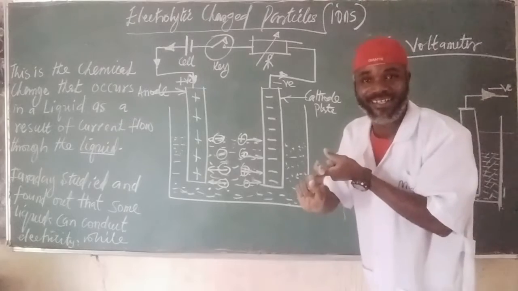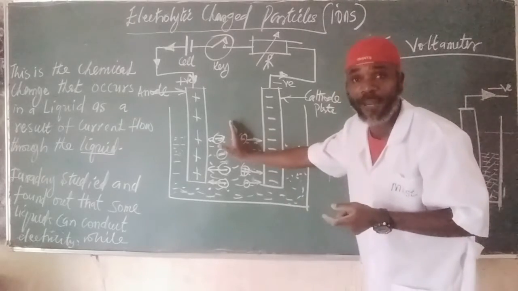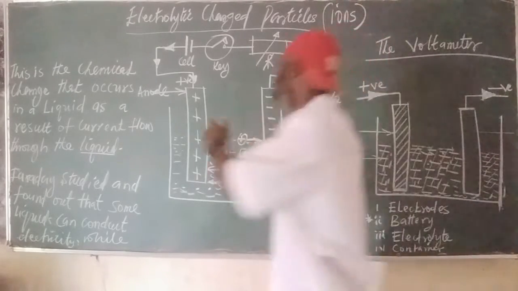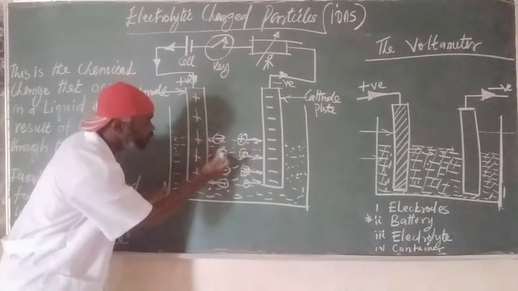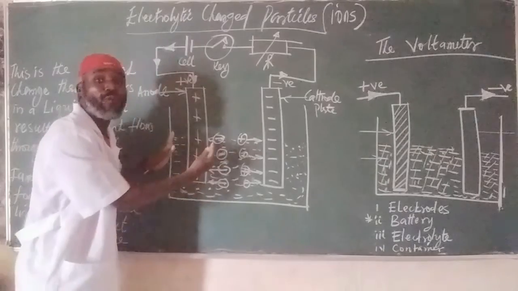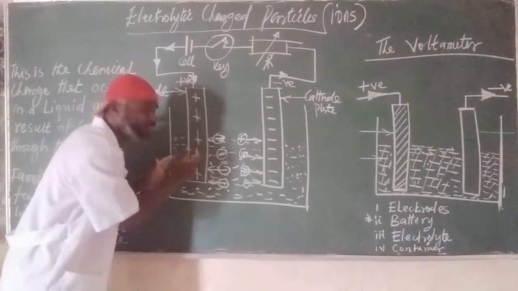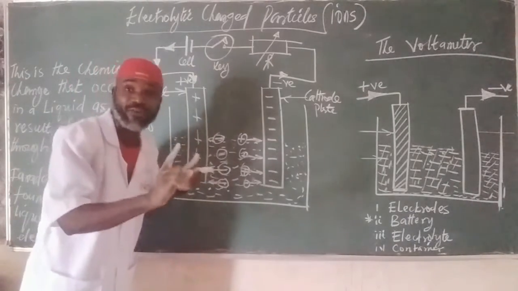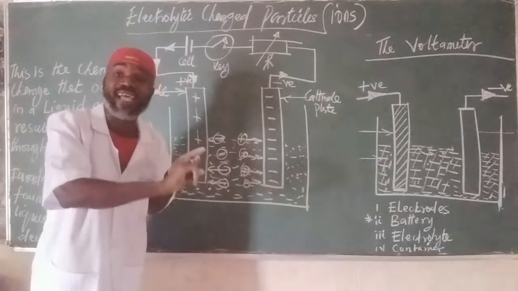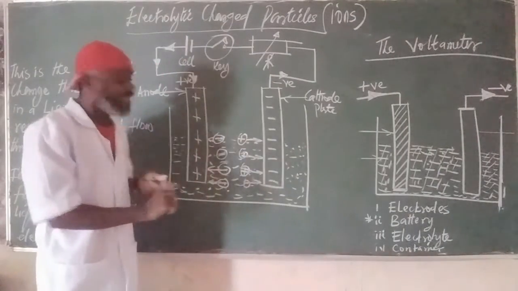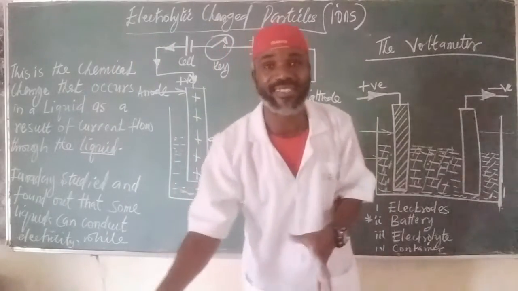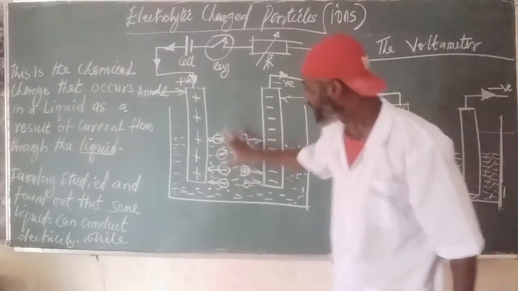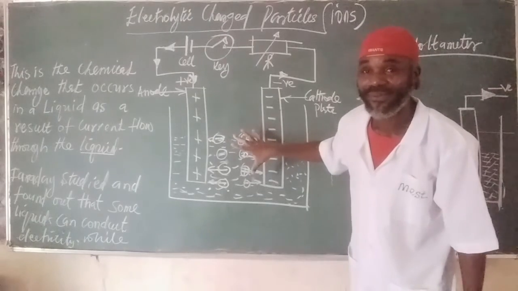Correspondingly, because this plate is positively charged, negatively charged particles will drift to this positively charged plate, as positive will always attract negative. That's what happens here, and we call this ionic process in electrolysis. Very simple.